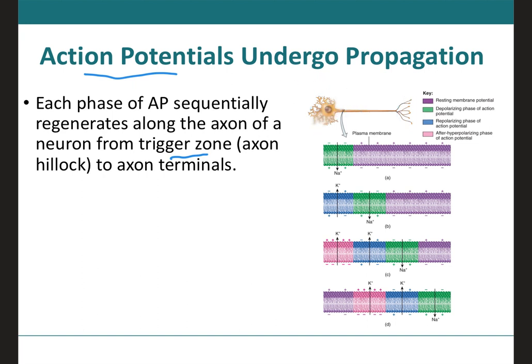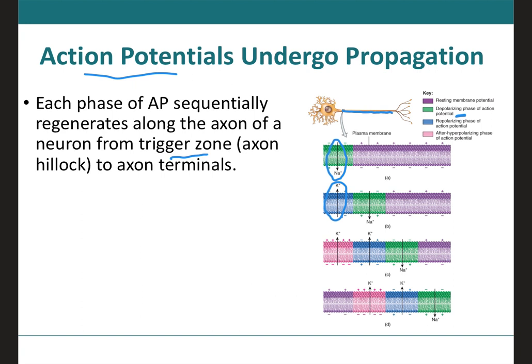Well, basically, it will start with sodium coming into the cell and potassium going out of the cell. Once you have sodium going in and potassium going out, it will create a depolarization of this membrane that will then transmit the signal all the way down the axon to the terminal buttons.